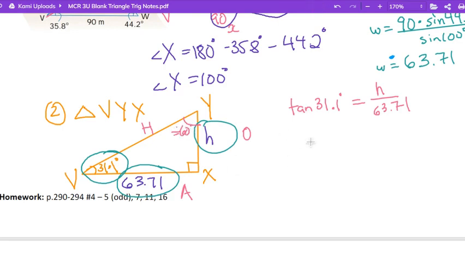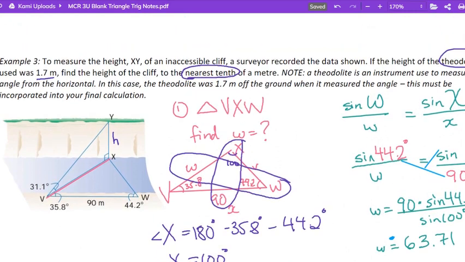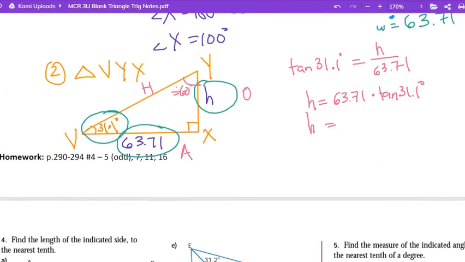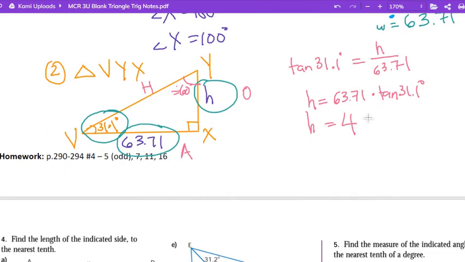So we're looking for something smaller than 63. And if I don't get it, I might have made a calculation error. All right, so H equals 63.71 times tan 31.1. What do we got, folks? 38.43. Okay, but at this point, I want a complete answer to the nearest tenth of a meter.